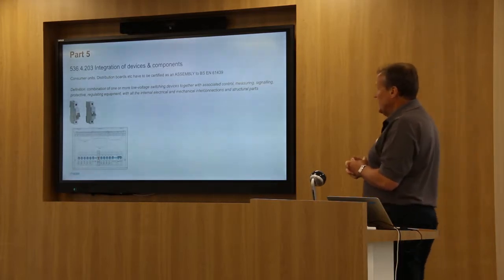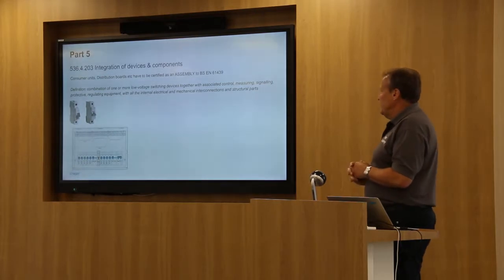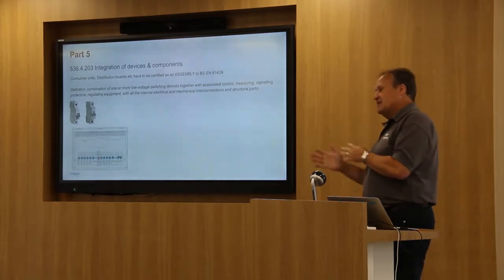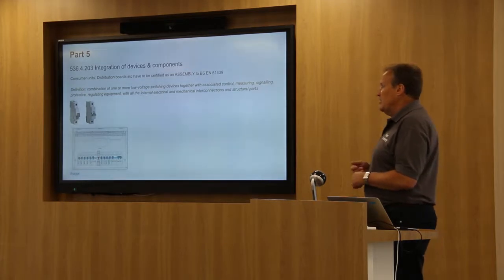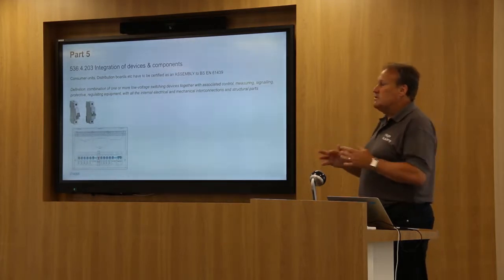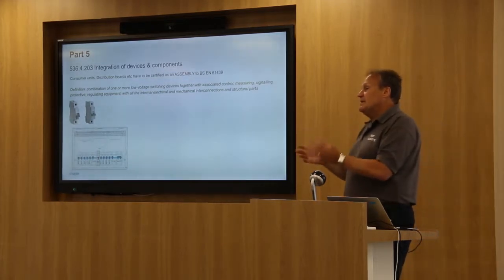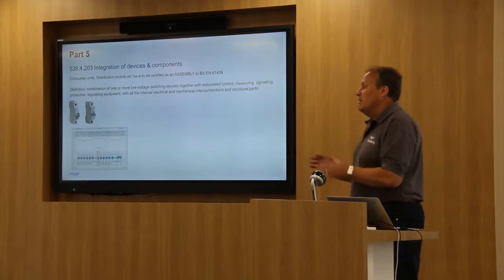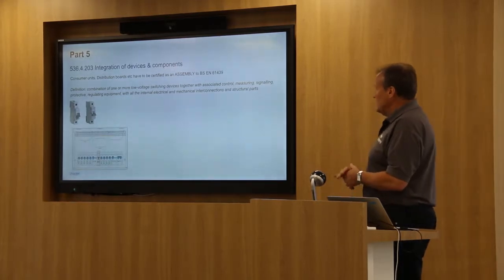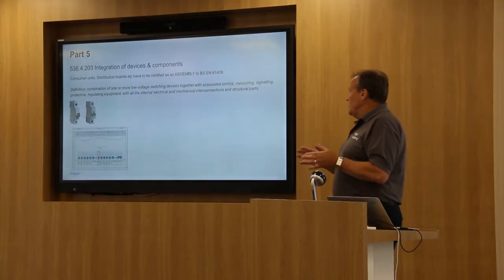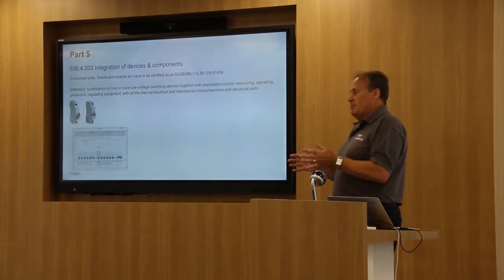So you can see in the picture there is a device which doesn't seem like it belongs in this consumer unit. And I'm sure you've all seen consumer units with devices from different manufacturers that don't belong in that consumer unit. A consumer or distribution board has to be certified by a manufacturer.